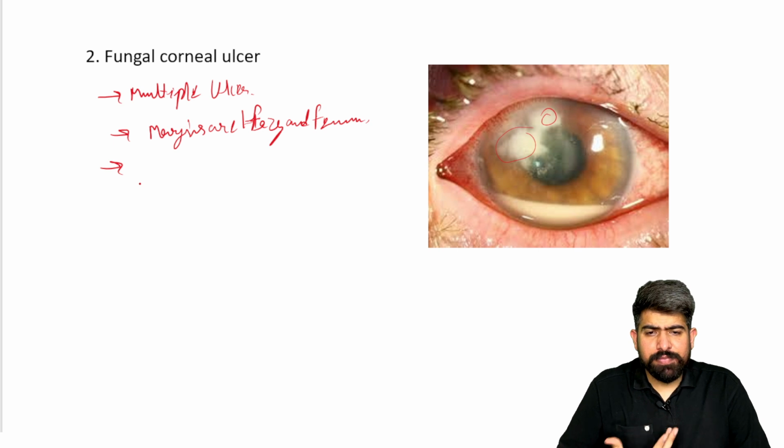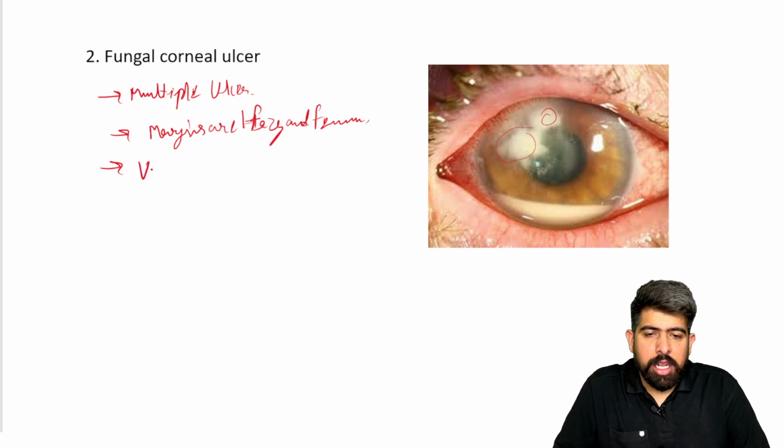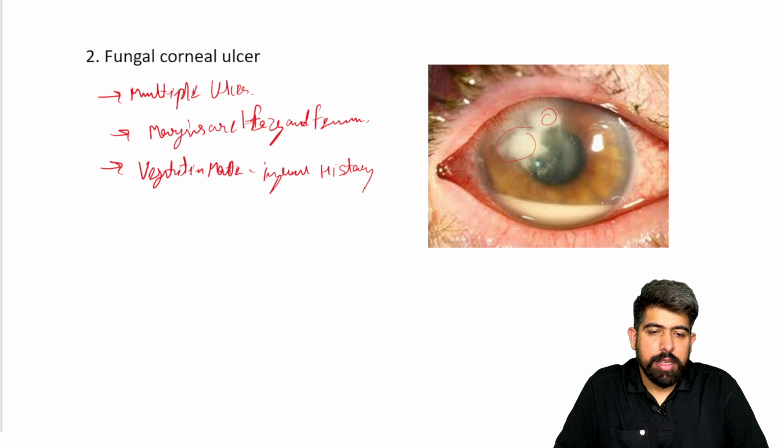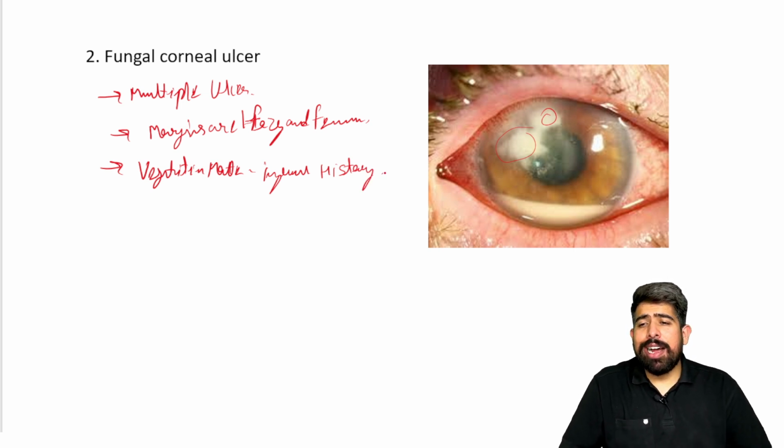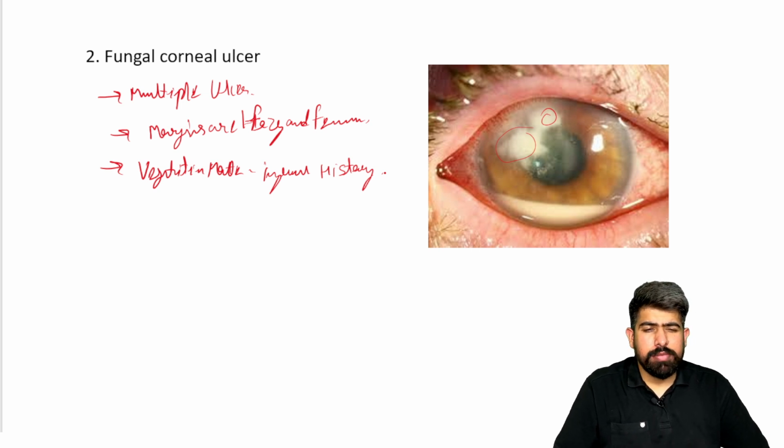Please remember here there should be a history of vegetative matter injury provided by the patient, like grass, the limbs or leaves of trees, or the stump of a tree. A vegetative matter history should be given in this condition.